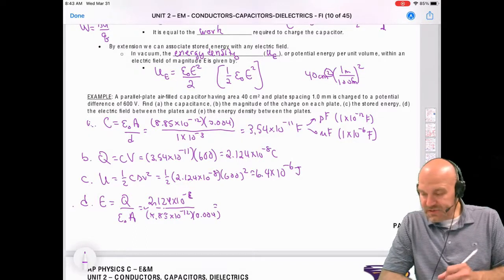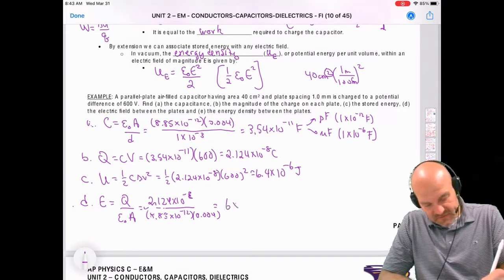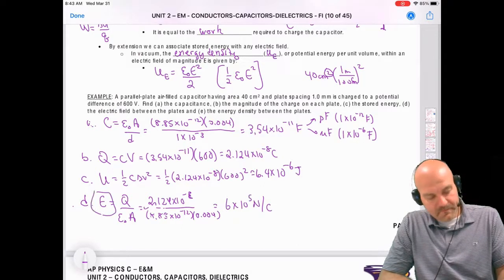So how much electric field exists here? It's going to be 6 times 10 to the fifth newtons per coulomb. And that is my E field.